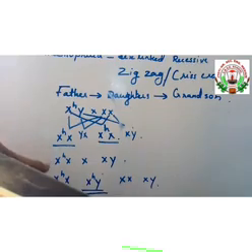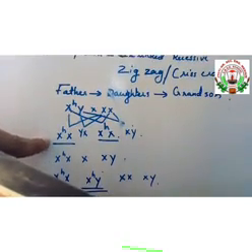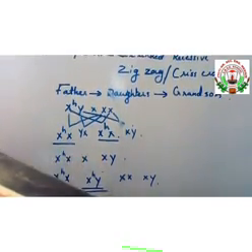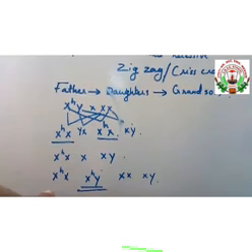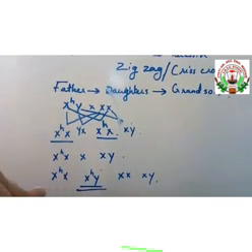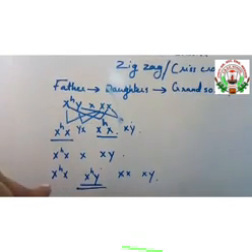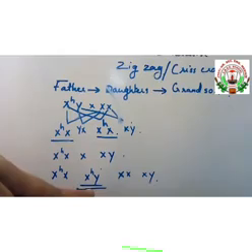Now you see the next generation: if this girl gets married to a normal man, you can see that the progenies are XHX, which will be a female carrier, and XHY, which will be a hemophilic son.